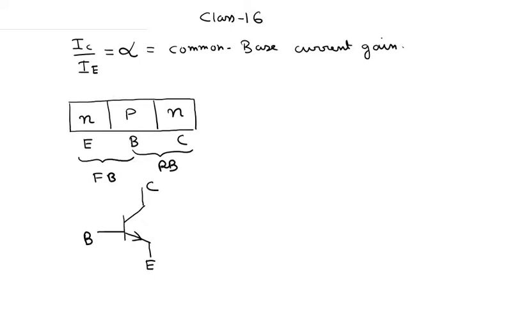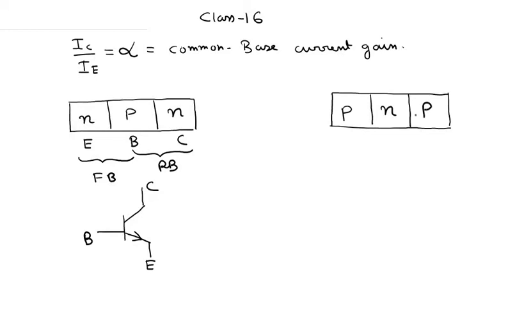Okay, now just like an NPN transistor, we can also have a PNP transistor. This is another kind of transistor. We have P here, then an N block, and then again a P block.